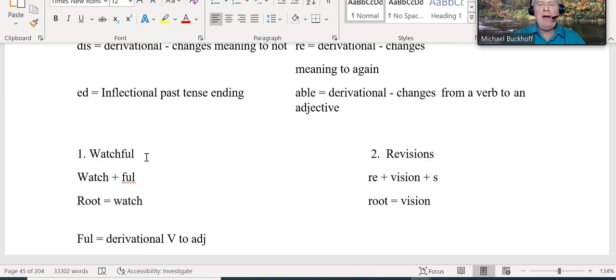Okay, so then what? We have two now. We can either say re or we can say s. If we say re, then what do we say about it? Is it derivational or inflectional? Derivational?